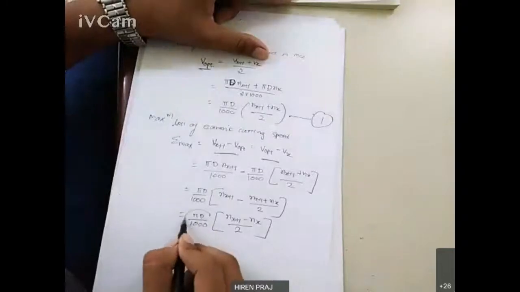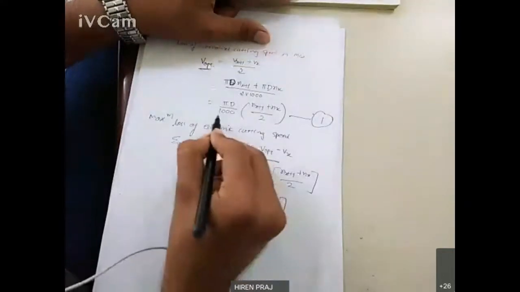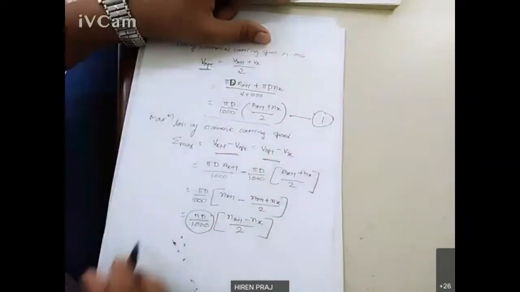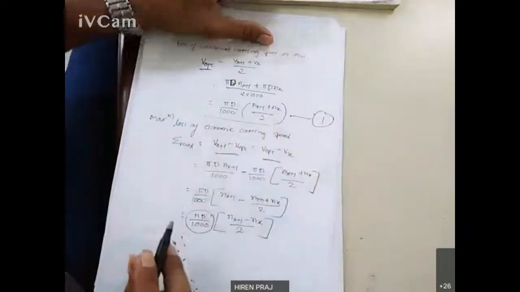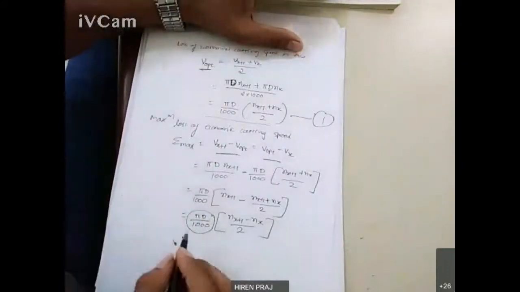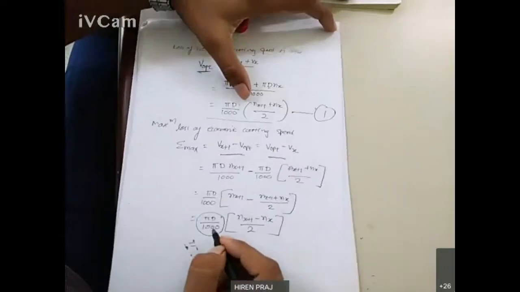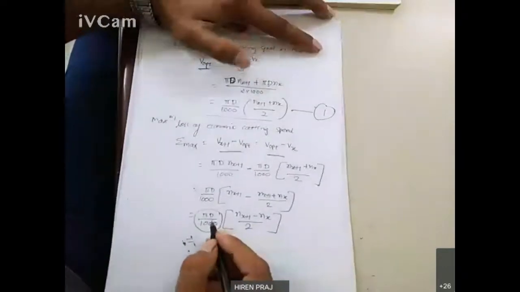Now this pi d by 1000 can be taken from equation number 1 in terms of V optimum and in terms of this nx plus 1 and nx. So I replace this pi d by 1000 from equation number 1 here.